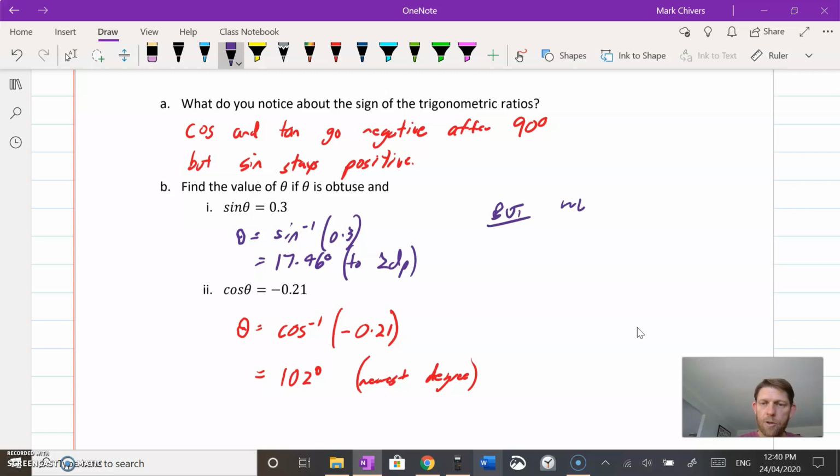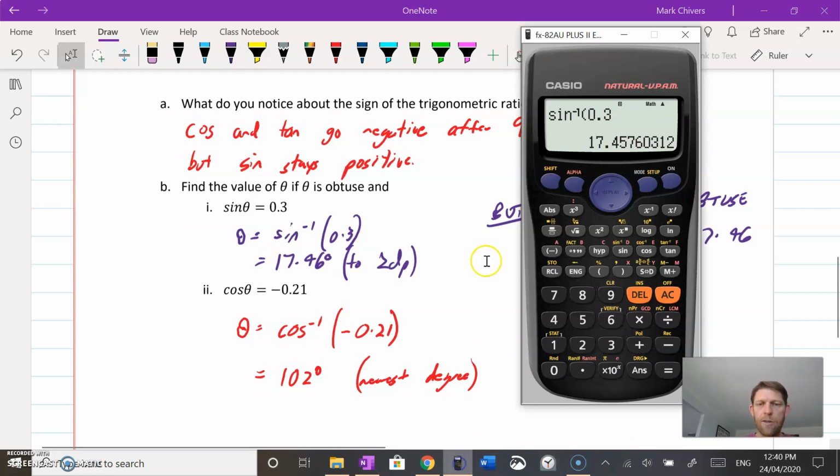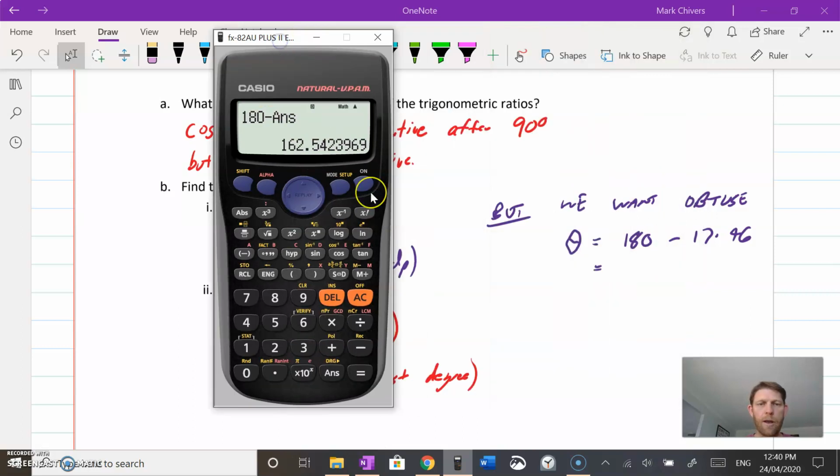But we want obtuse. So the angle we want is theta equals 180 minus 17.46. We take the angle that it would be if it was acute and take it away from 180. We can do that on the calculator just by going 180 minus the answer key, and that'll give us 162.54 degrees.